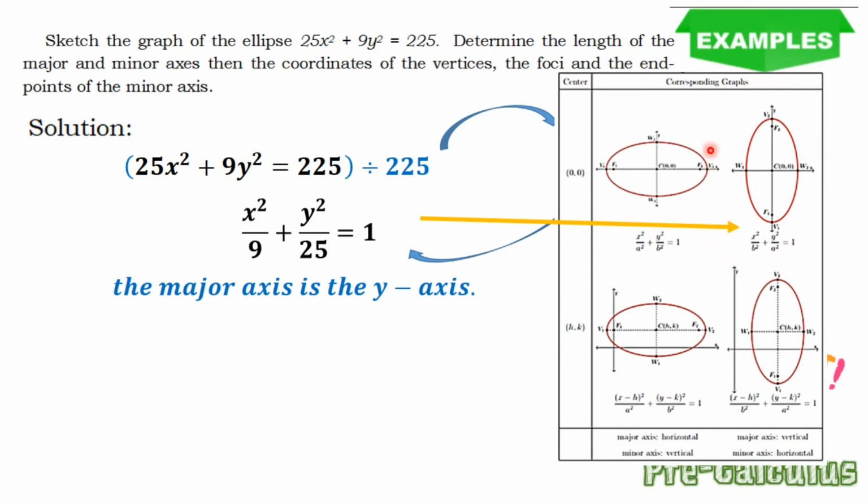And if you notice, ang kanyang standard form of equation, si b squared ang nauuna sa denominator kesa sa a squared since yun ngang nauna nating denominator is smaller than the second one. Ayan. This will be our standard form of equation for our ellipse in our example number 2.